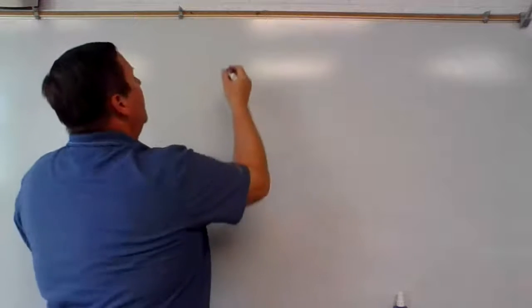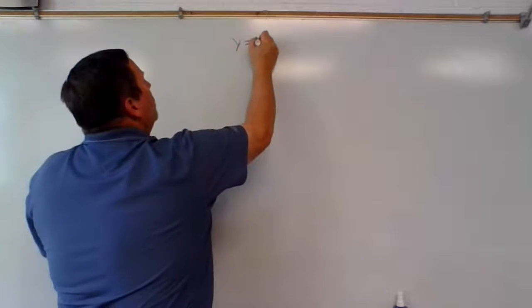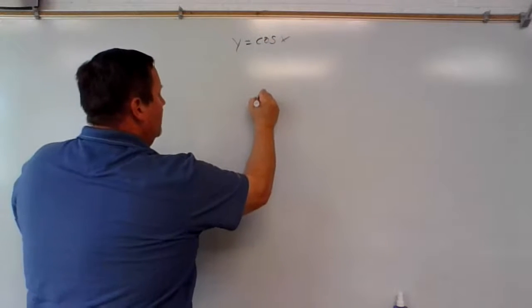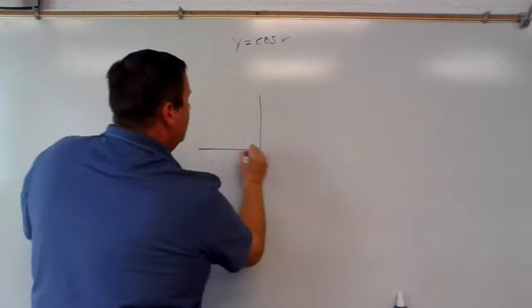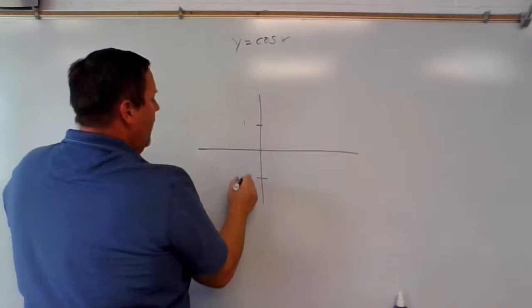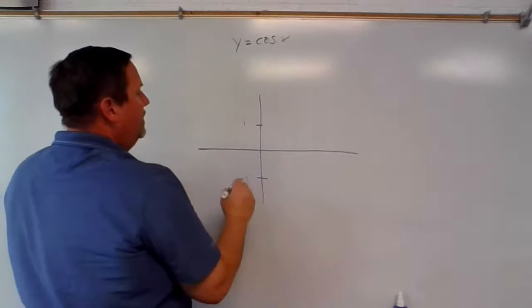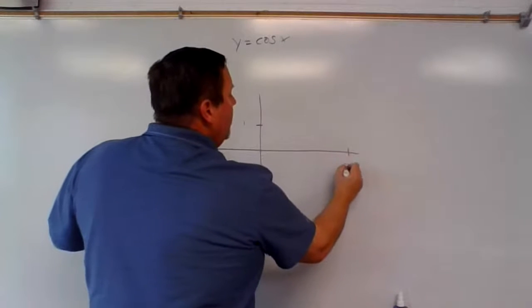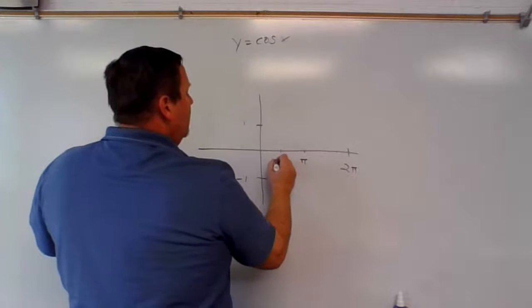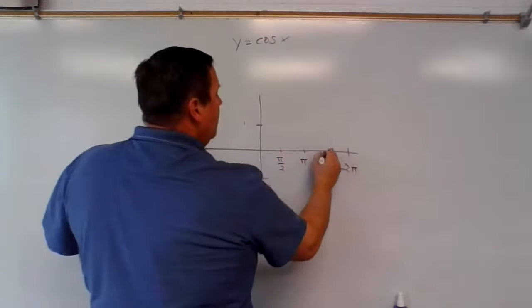All right, let's do y equals cos x. We know amplitude is 1, so 1 to -1. We know the period is 2 pi. I'm going to divide that into 4 parts.